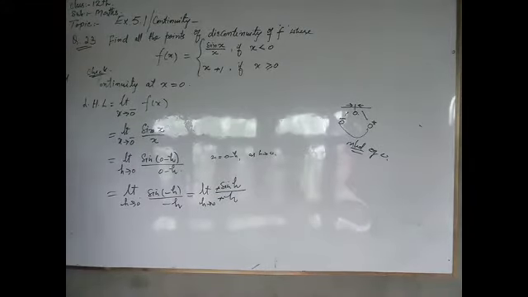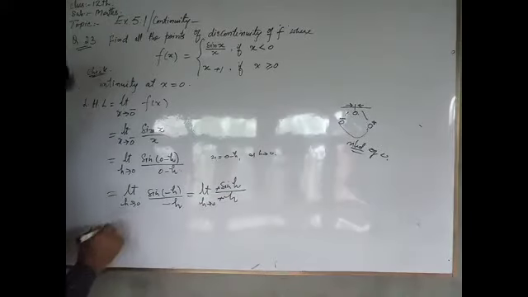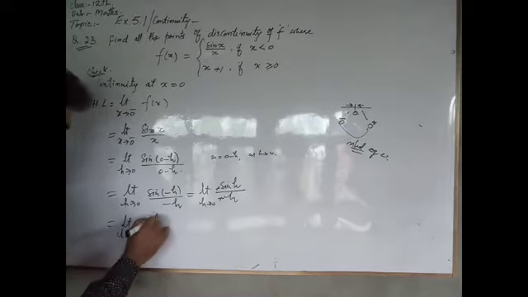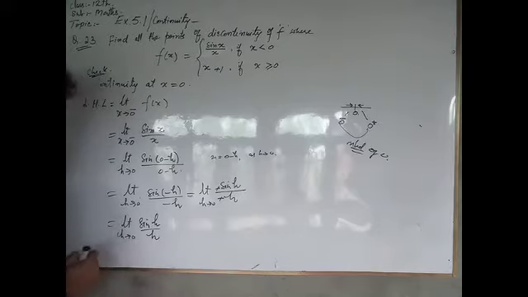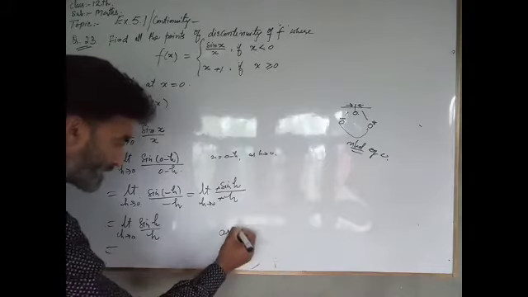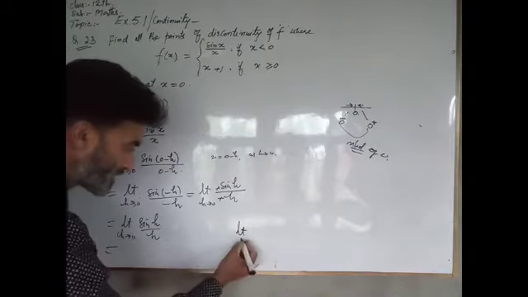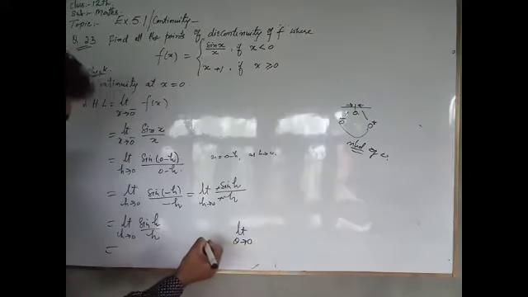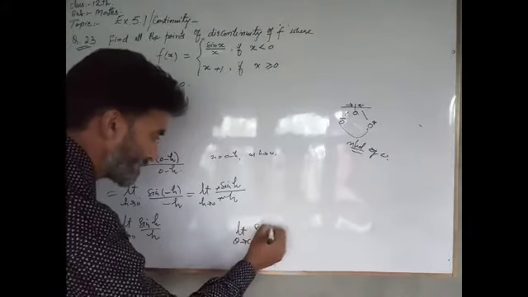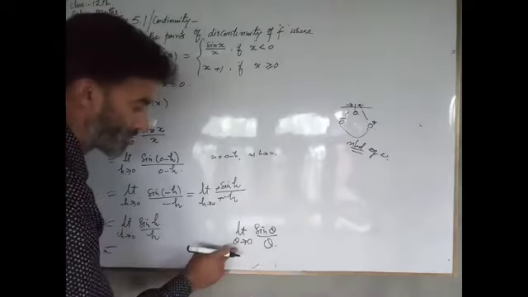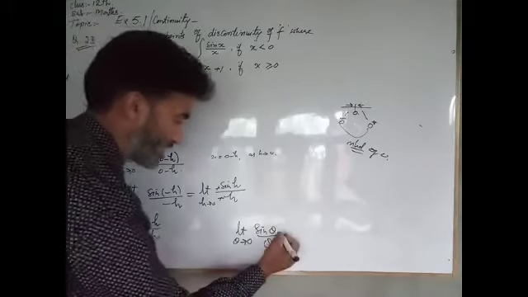So we will get the limit as h approaches to 0 of sin h divided by h. As you know, the limit as theta approaches to 0 of sin theta divided by theta is equal to 1.